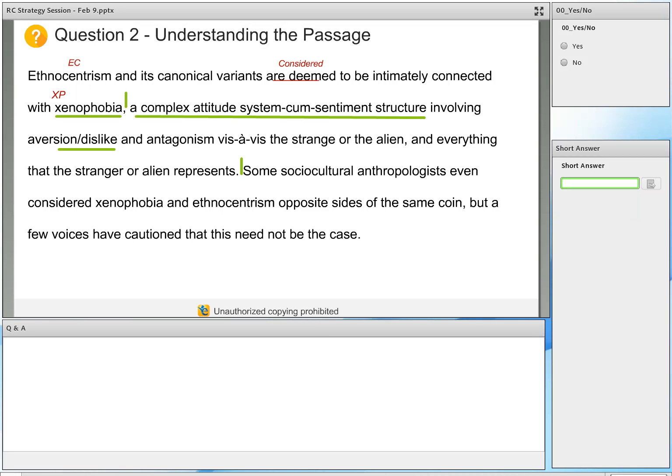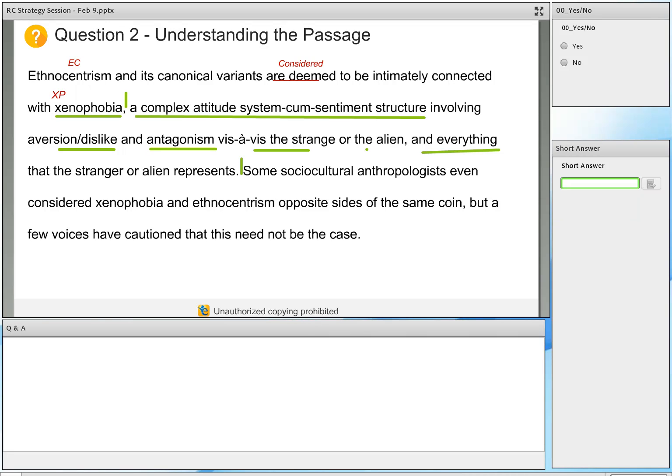So it's some kind of structure involving hatred towards the strange, the alien, or someone that I don't know, and everything that the stranger or alien represents. For the sake of summarizing the passage, all I can say is that xenophobia is a complex system that involves hatred towards the strange, the alien. That's my summary of this part.